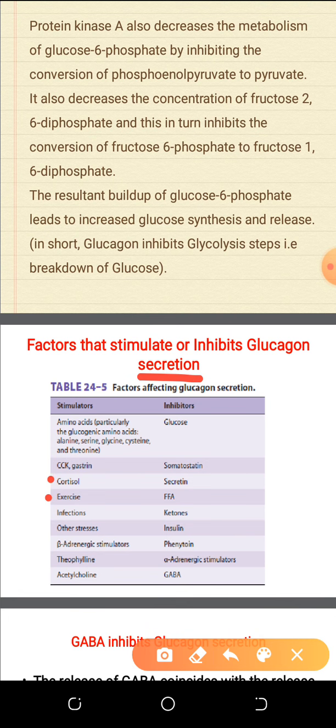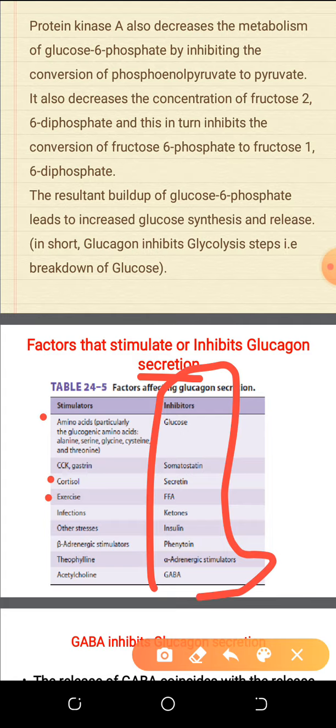Cortisol, a stress hormone, stimulates glucagon secretion. Amino acids, particularly gluconeogenic amino acids like alanine, serine, glycine, cysteine, and threonine, stimulate glucagon secretion. So in other words, factors that inhibit insulin secretion can stimulate glucagon secretion, and factors that stimulate insulin secretion can inhibit glucagon secretion.